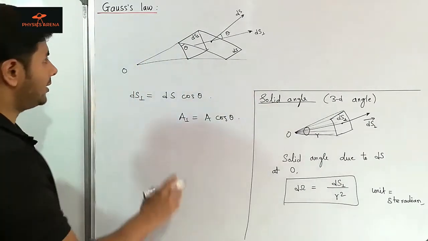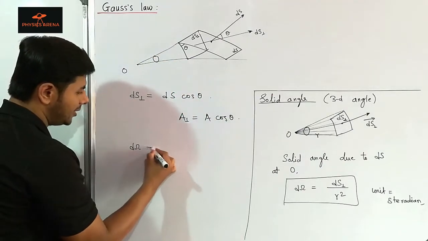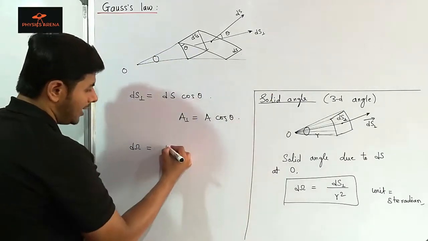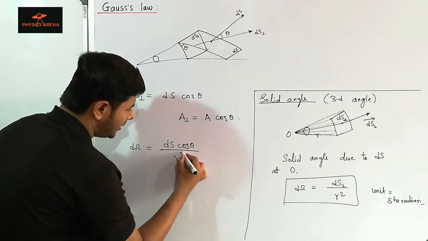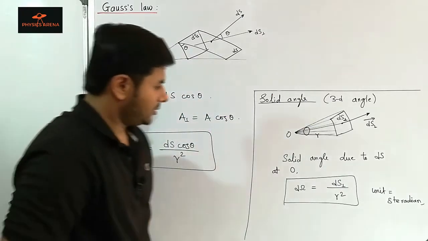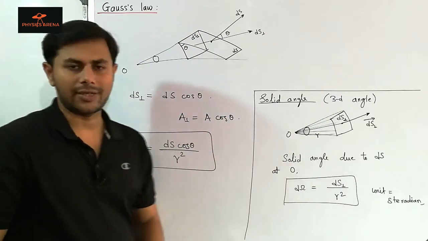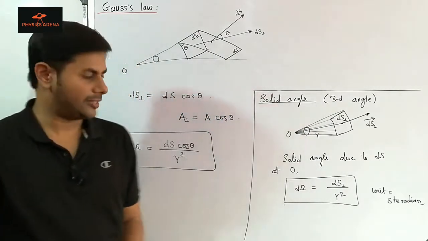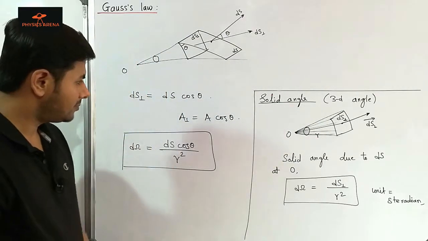So we can represent the solid angle d omega in terms of ds as ds cos theta divided by r square, since ds perpendicular is equal to ds cosine theta. So this is how we express the solid angle in terms of the area.